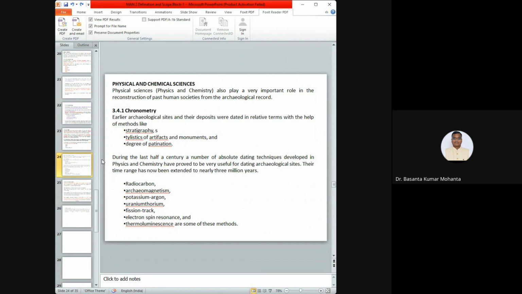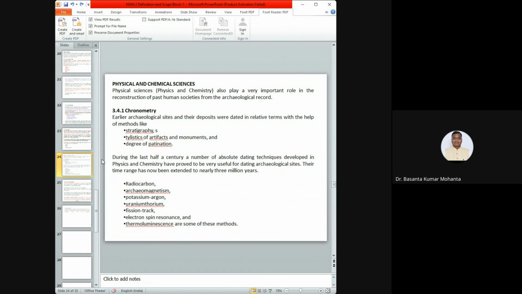So here, the different dating techniques like radiocarbon dating, archaeomagnetic dating, potassium argon dating, uranium thorium dating, fission track dating, electron spin dating, thermoluminescence dating.